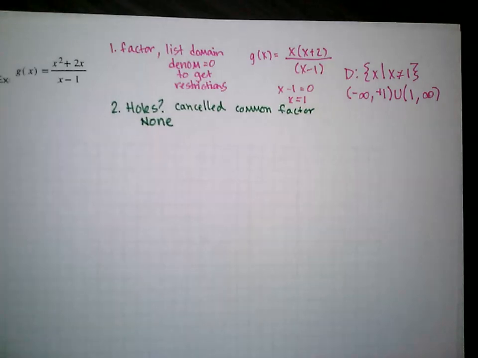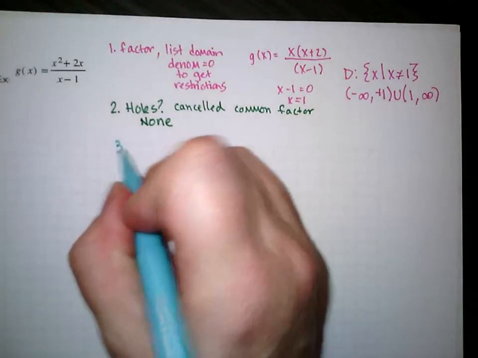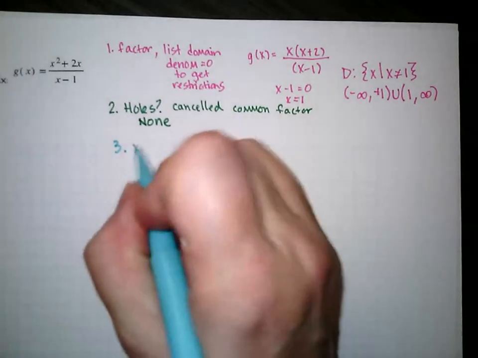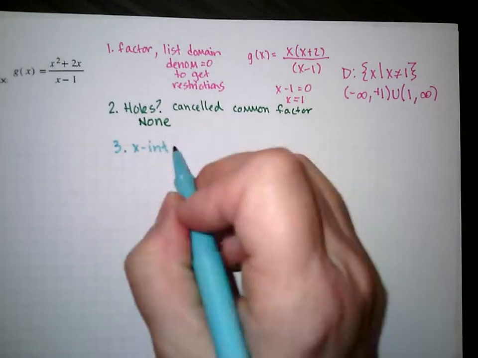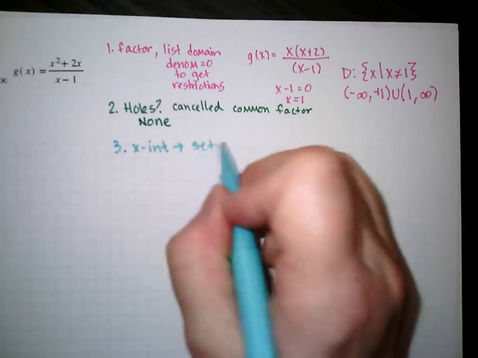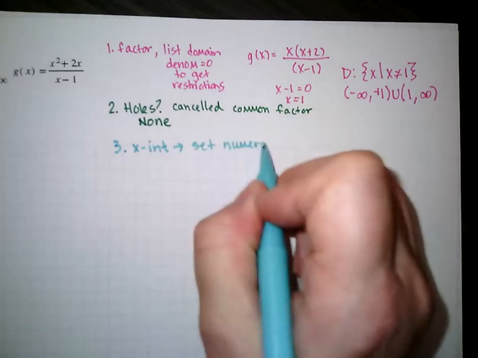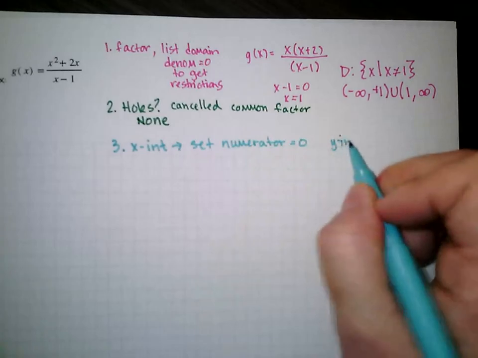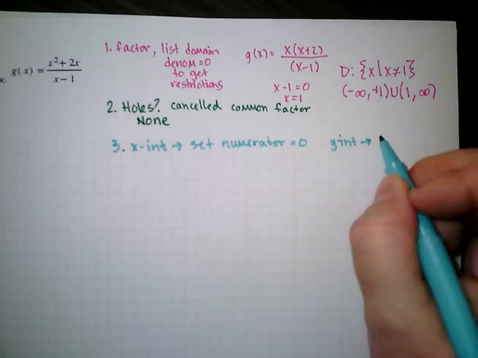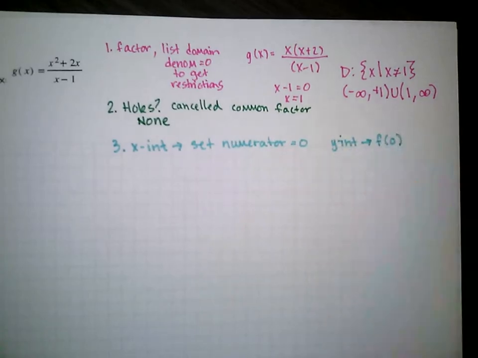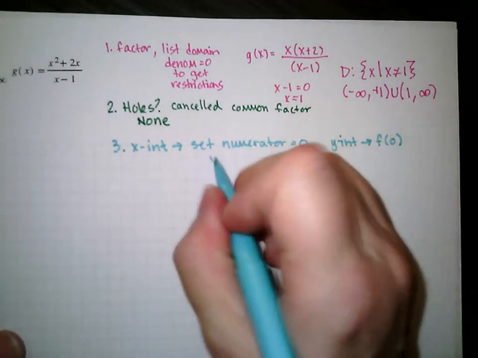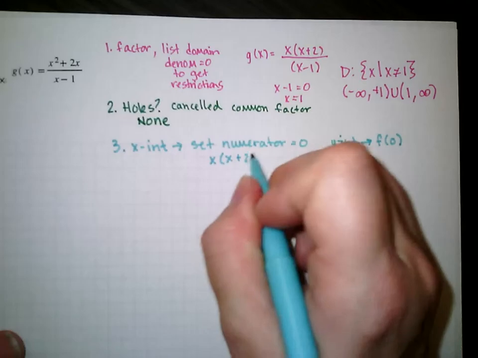The third step in our process was x-intercepts and y-intercepts. So x-intercepts we are going to find by setting the numerator equal to 0. Y-intercepts we're going to find by subbing in 0, so this is g of 0. So for x-intercepts, we set the numerator, x times x plus 2, equal to 0.